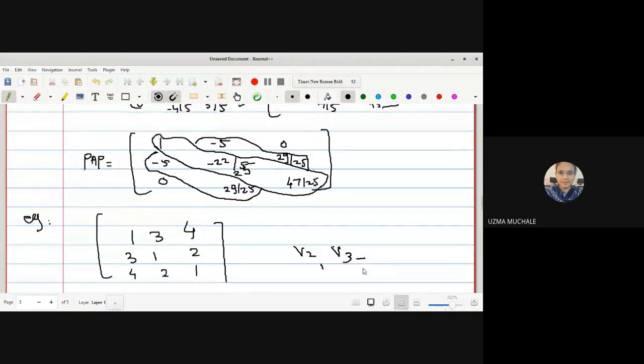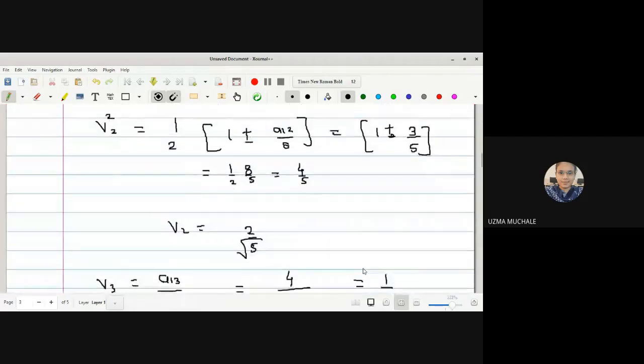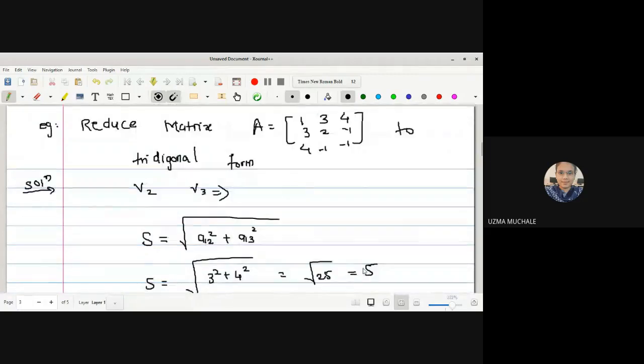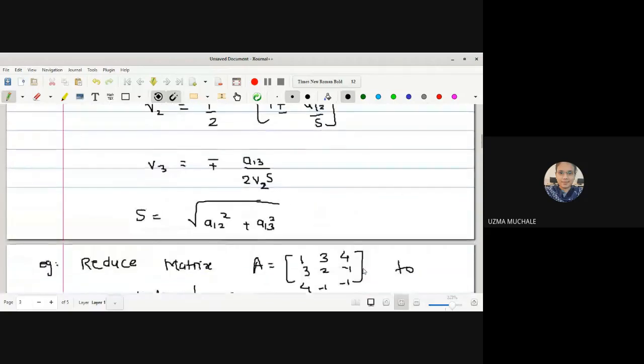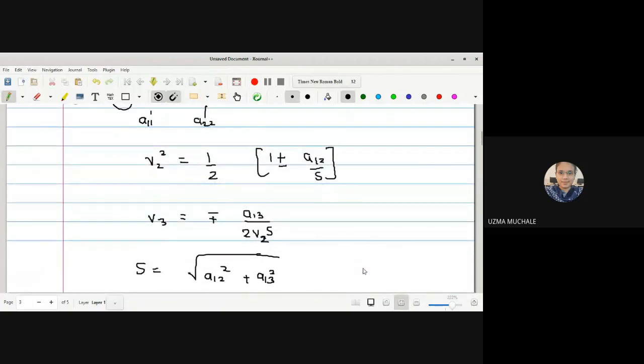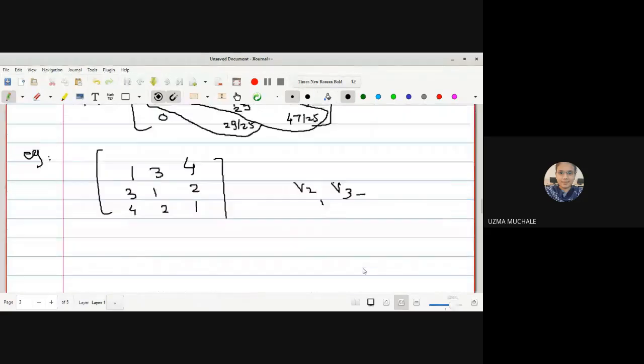You have written these formulas, then solve it and find the matrix PAP. So these are the formulas here, and the matrix is this one. Have you written the formula for V2, V3? Yes, ma'am. Okay. Write this matrix and try to solve and find the symmetric tridiagonal matrix.